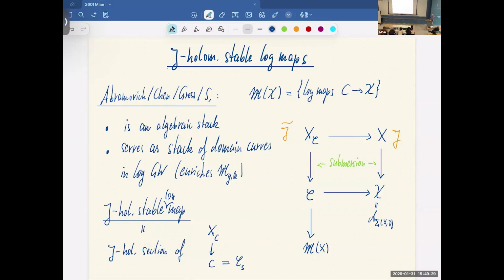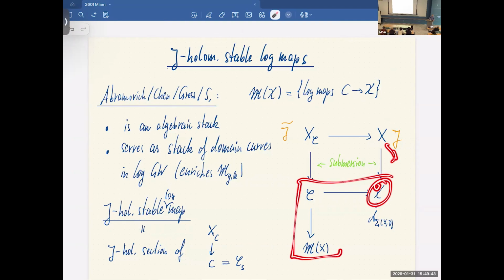X is not algebraic. No, but the curly X always is. Right. So I start with this guy, I get the Sigma of X, I get this one, and this is algebraic geometry. And up here we are not safe, right?